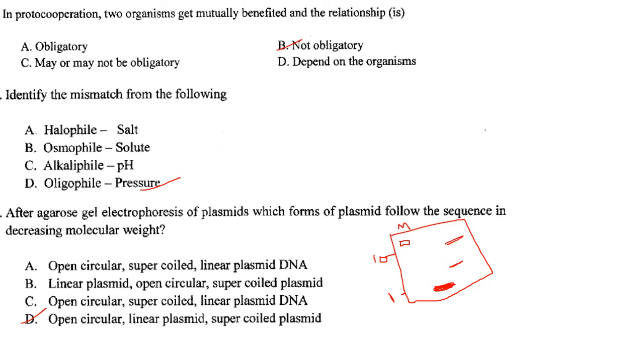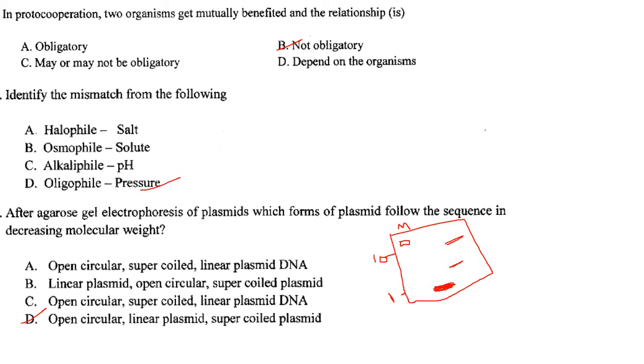Then after agarose gel electrophoresis of plasmid, which form of plasmid follow the sequence in decreasing molecular weight? So for your agarose gel, you have got the gel like this. They are the wells. Then you will load the marker in one of the wells and the plasmids in the other.